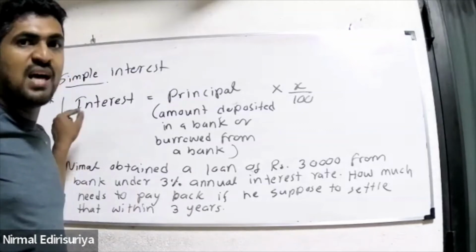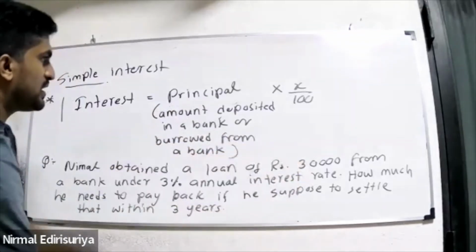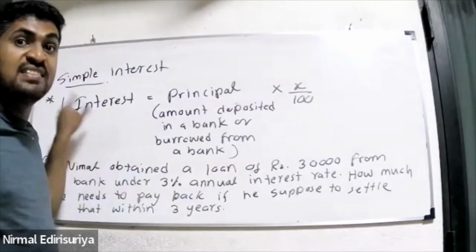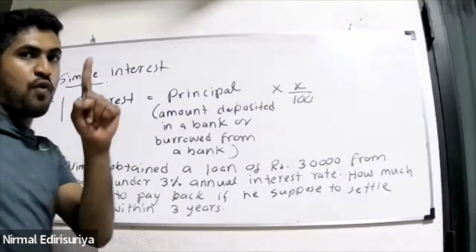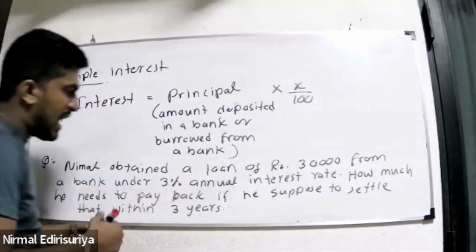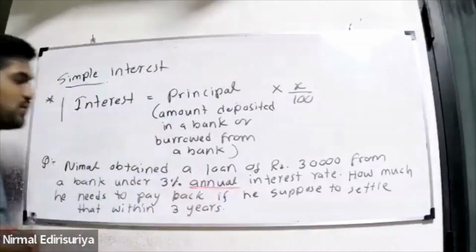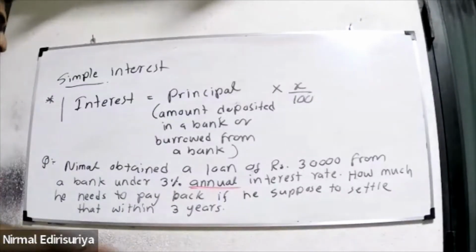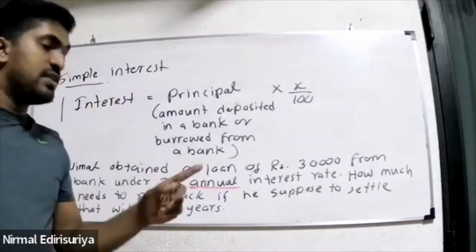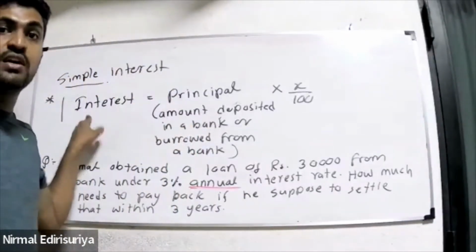Substitute data into the equation. Principal is 30,000. X is 3 over 100. Calculate the interest. That interest is for 1 year. Why? Because I said 3% annual. Annual means 1 year. That means this interest you are obtaining is for 1 year. Then you have to find it for 3 years. Multiply this interest answer by 3.